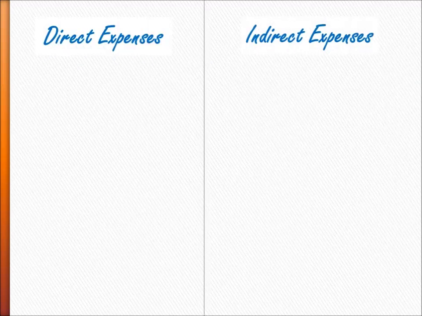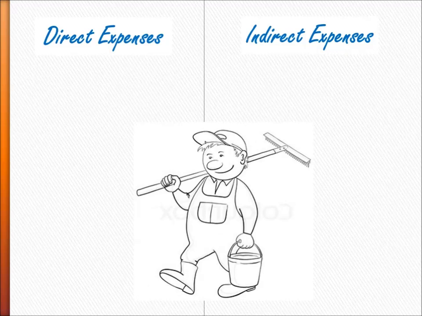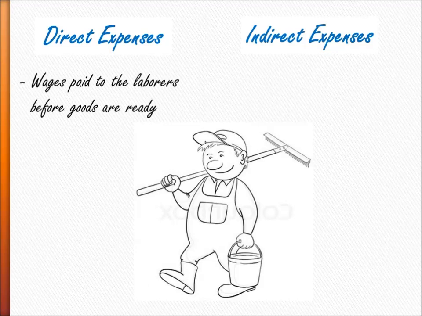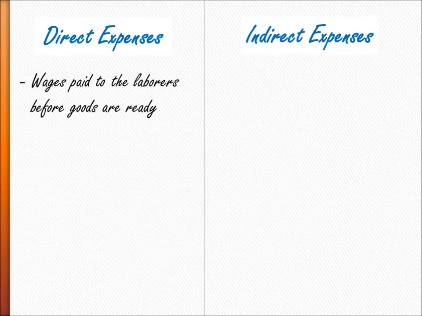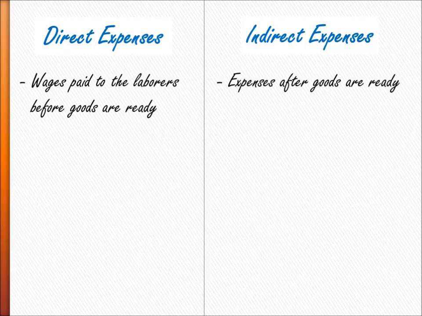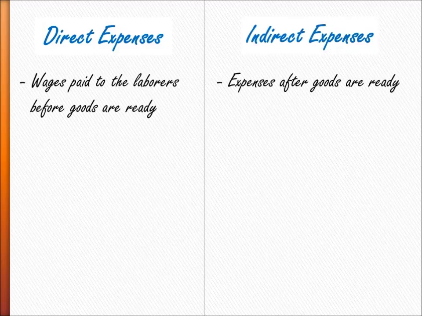For example, you are paying wages in your factory to the labor. They are direct expenses because the goods are not yet ready. If the goods are ready, means ready to be sold, after that all expenses are indirect expenses. Let me explain again, all expenses are of two types: direct expenses and indirect expenses.